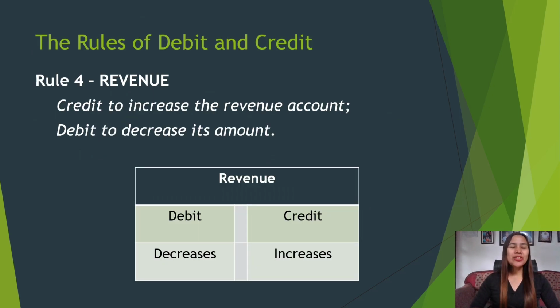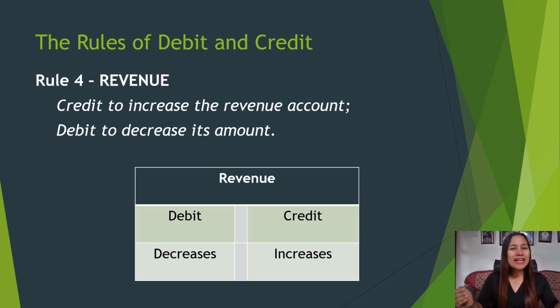Okay, we are now on our way to Rule 4, the rules of debit and credit on revenue account. So remember that revenue account has normal credit balance. So to credit a revenue means to increase the revenue account.